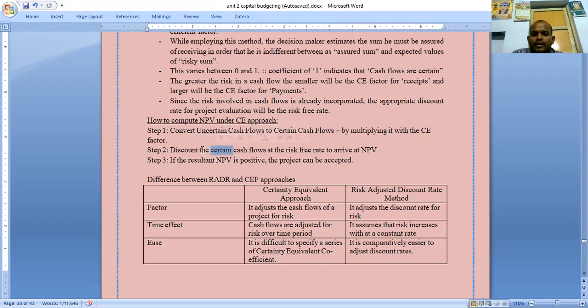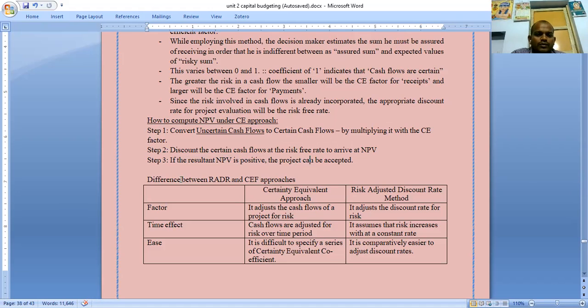Then discounting is a must. Discount the certain cash flows at the risk-free rate to arrive at NPV. If the resultant NPV is positive, the project can be accepted.